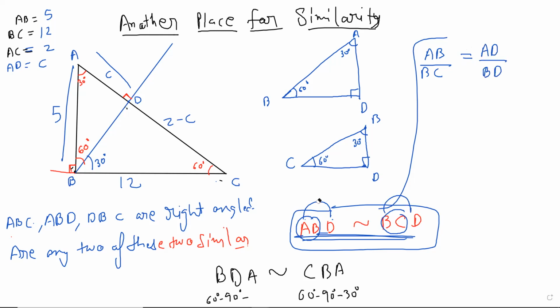Does that make sense? Because they are similar, I can compare the corresponding sides. I can compare AB and BC, that ratio, that scale of magnification or contraction, whatever it is. We don't know that exactly at this point. That would be the same as when you compare AD with BD.